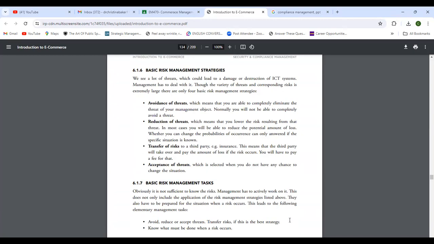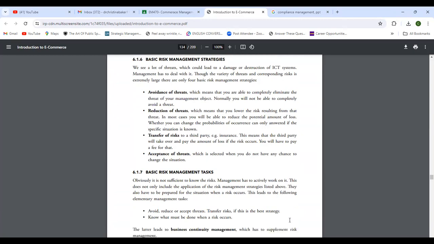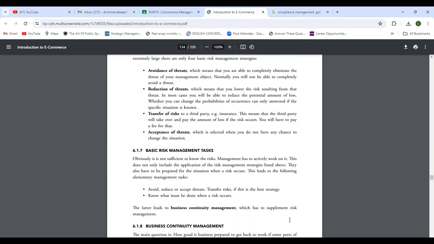There are basic risk management strategies. We see a lot of threats which could lead to the damage and destruction of ICT systems, and management has to deal with them. Though the variety of threats and corresponding risks is extremely large, there are only 4 basic risk management strategies. Avoidance of threat, which means that you are able to completely eliminate the threat to your management object.